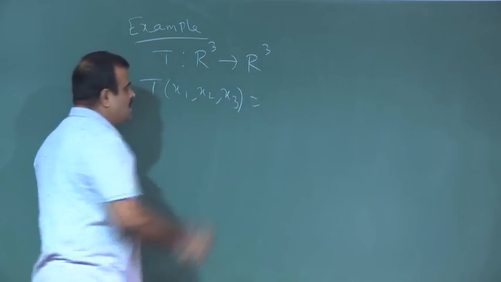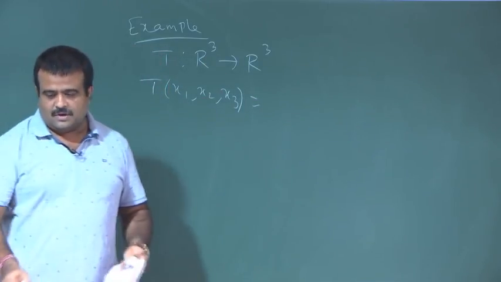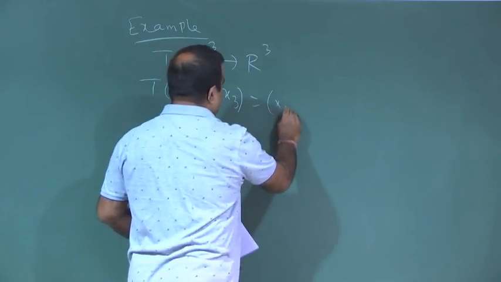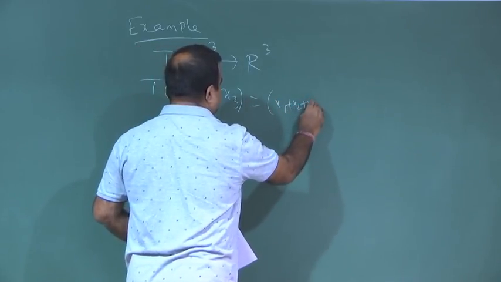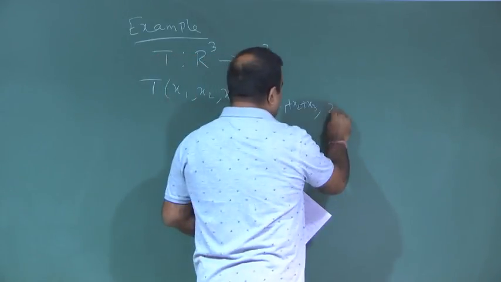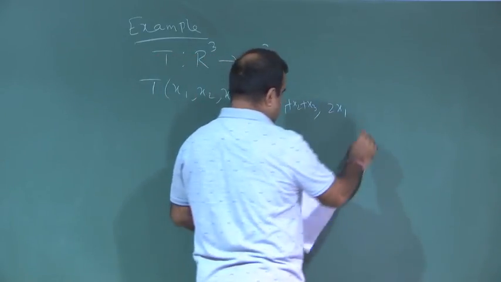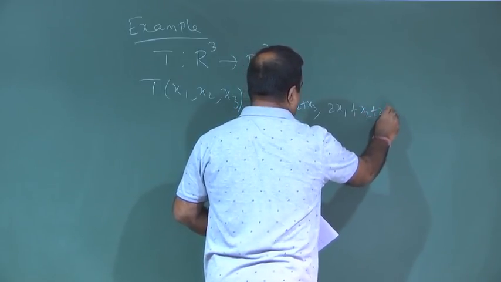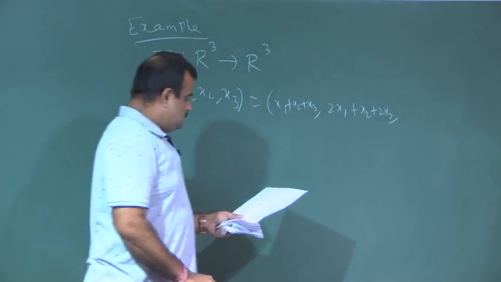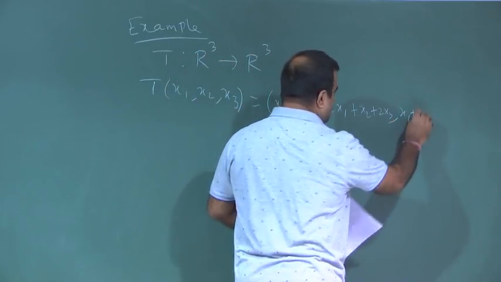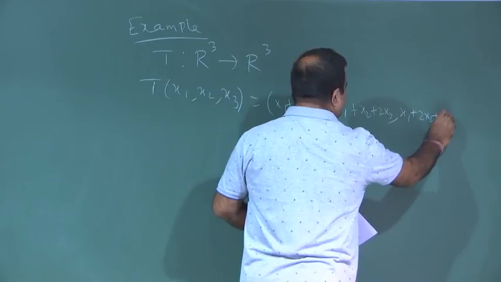R is the set of real numbers. If we define it like this: x 1 plus x 2 plus x 3 is the first component, then 2 x 1 plus x 2 plus 2 x 3, then x 1 plus 2 x 2 plus x 3.